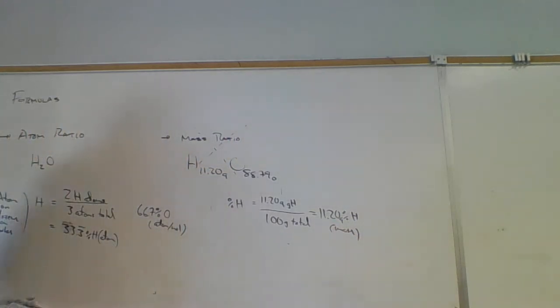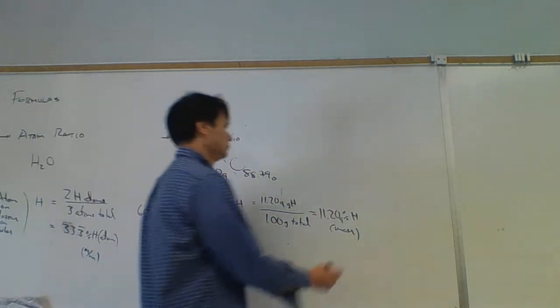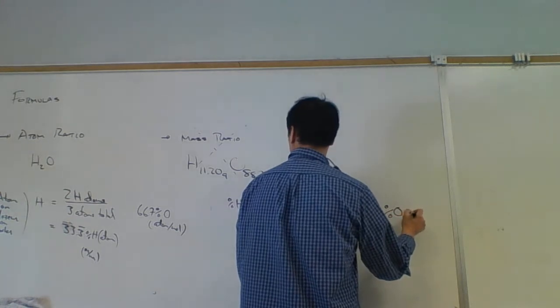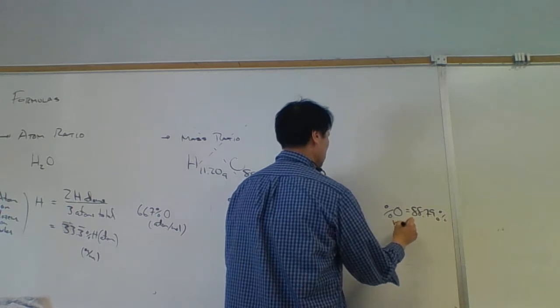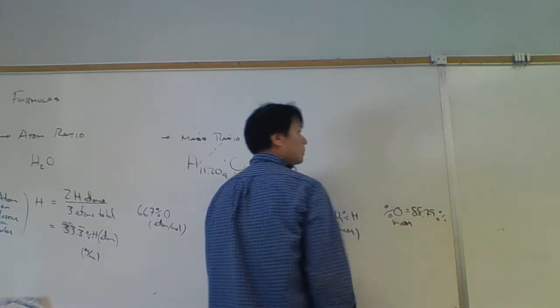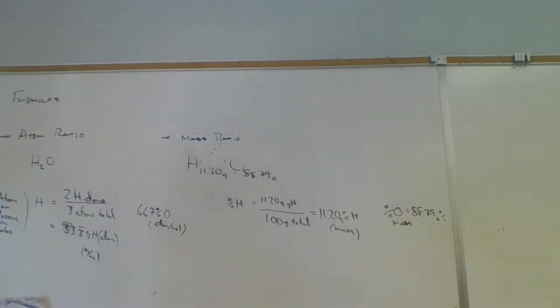Okay, so these are what we call percentages, mass percentages. What are they? These would be percentages. Mass of the component over the total mass. So those are the formulas.